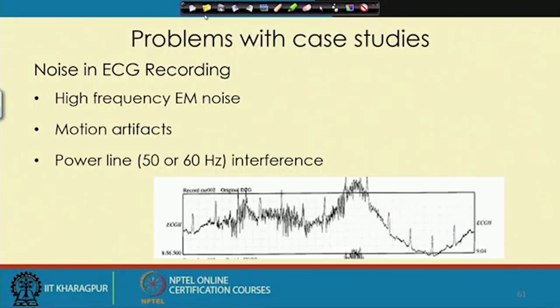The leads we use for the recording of the biomedical signal act as an antenna and catch that electromagnetic noise, and that interference gets added with the biomedical signal. We always get a 50 hertz or 60 hertz power frequency hum along with the signal. Again, this is not the native characteristic of the biomedical signal, and it hampers the analysis. So, we need to find a way to remove them.